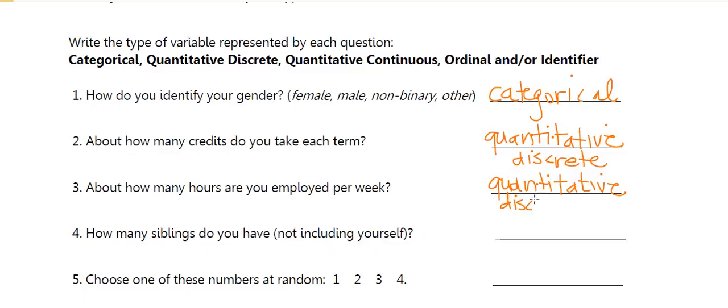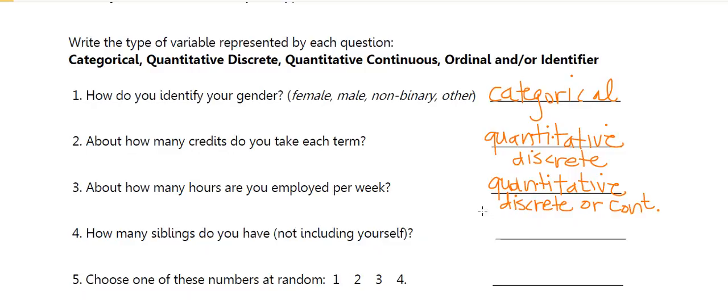I think you could argue discrete or continuous.